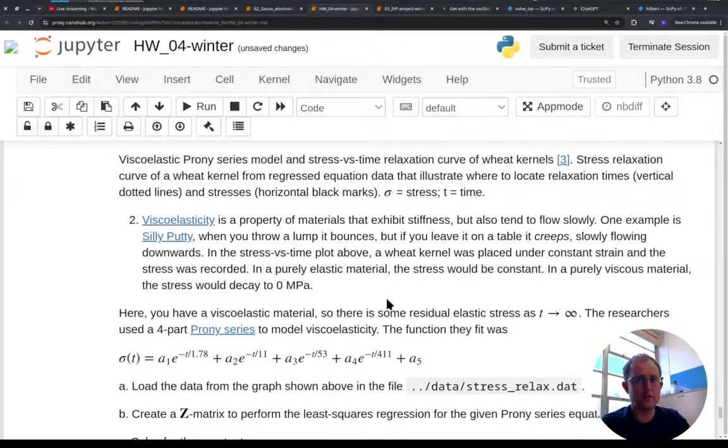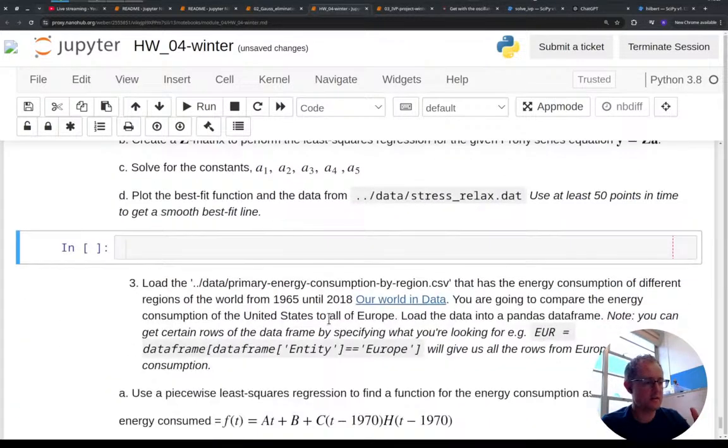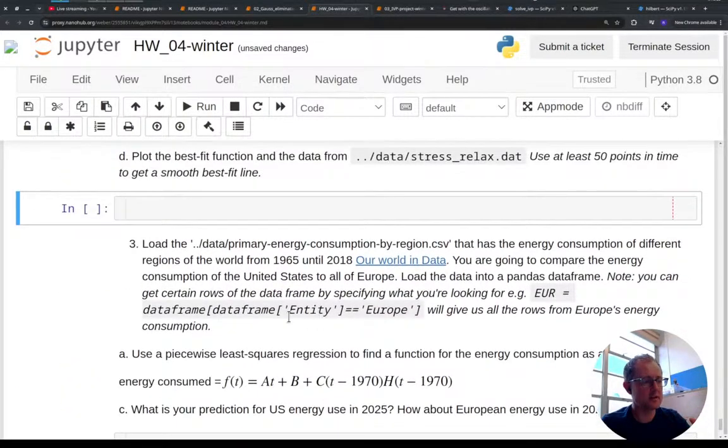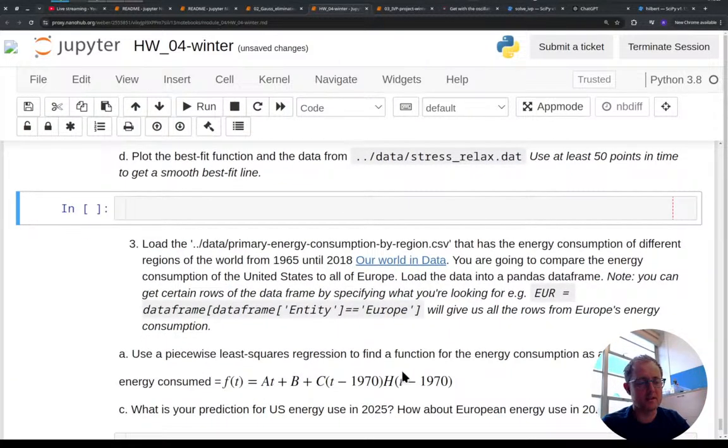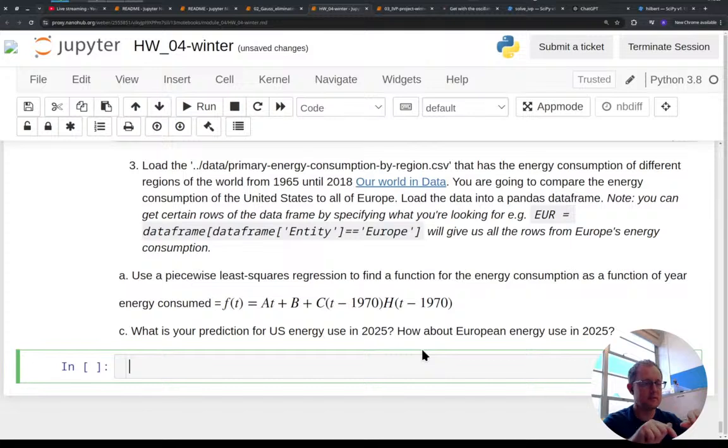And then getting back into some curve fitting for data. I saw more problems come up in the second part, and they're both kind of similar setups. One, you're using exponentials, another one, you're using linear functions. So let's focus in on this one, and if you still have problems, then let me know. The main thing we're trying to do is create a Z matrix for a general least squares.